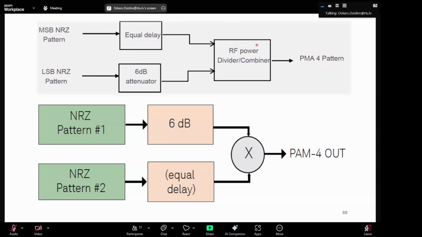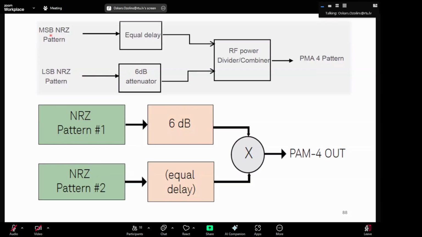Here they define the most significant bit and least significant bit patterns. Then what you want to do is attenuate the least significant bit. I will show in the next figure how it looks when you visualize it. So you need to attenuate this least significant bit.